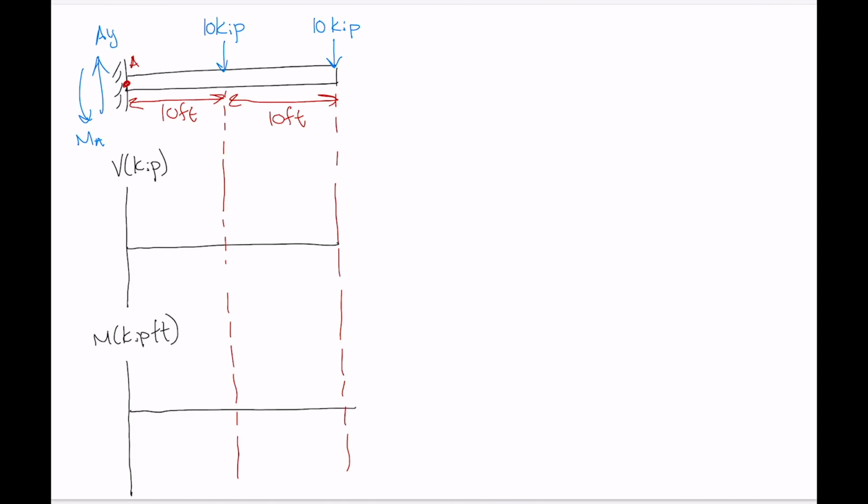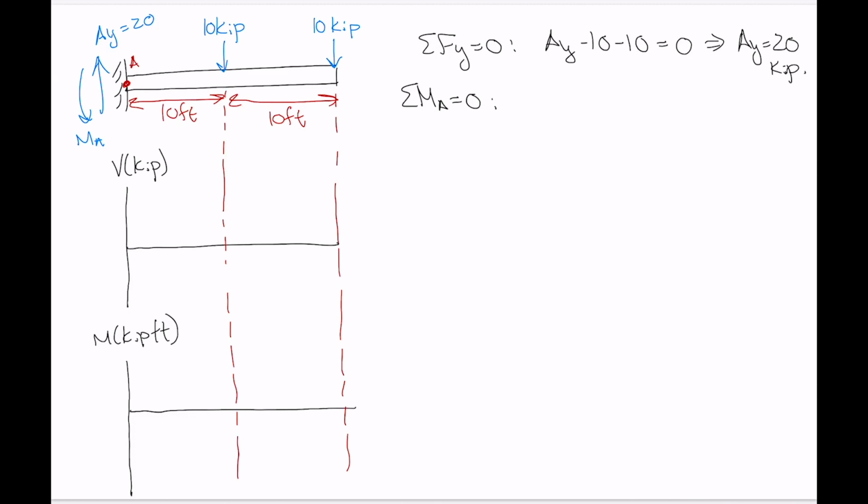Before we start drawing, we need the support reactions. So sum of the forces in the y direction has to be equal to 0. We can see that we're going to have AY minus 10 minus 10 equals 0, or AY equals 20 kip there. And then sum of the moments about point A has to be equal to 0. So what do we have? The moments from both 10 kip loads have to be counteracted by the moment at the wall.